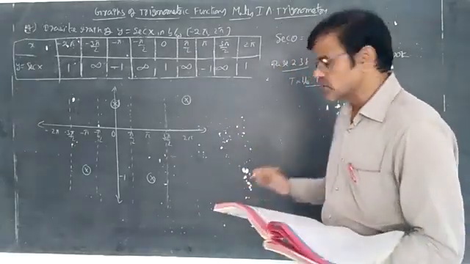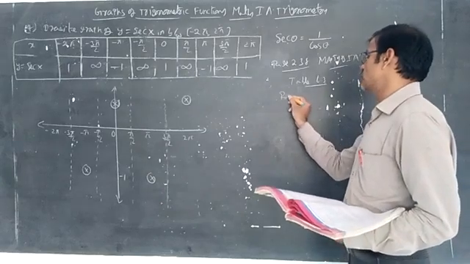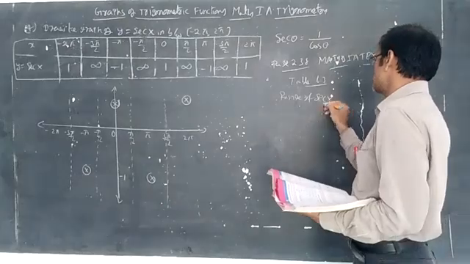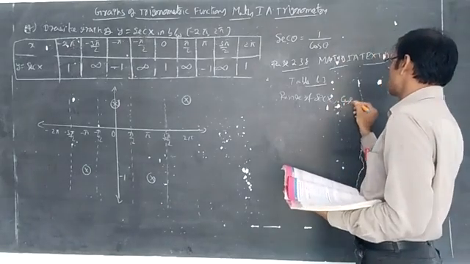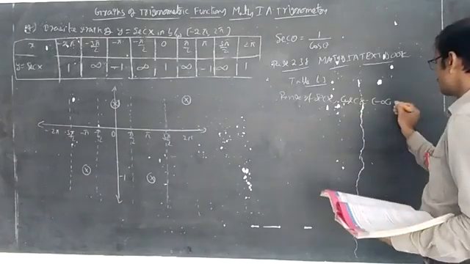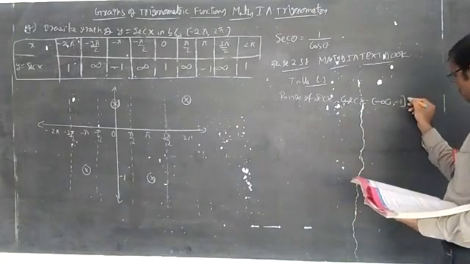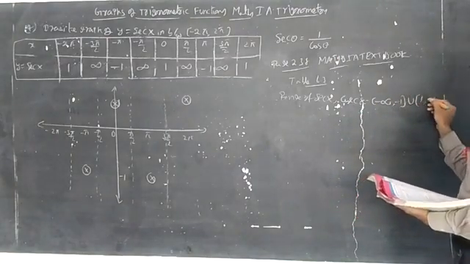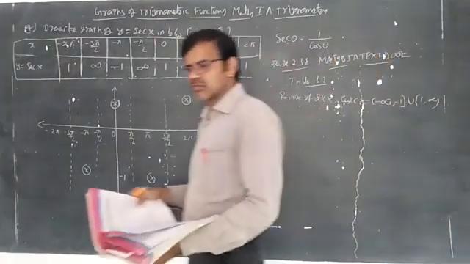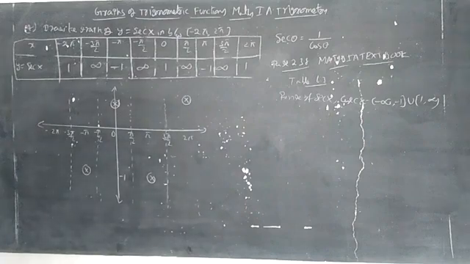That is, the range of secant x is minus infinity comma minus 1 union 1 comma infinity. This means there is no value between minus 1 and 1.